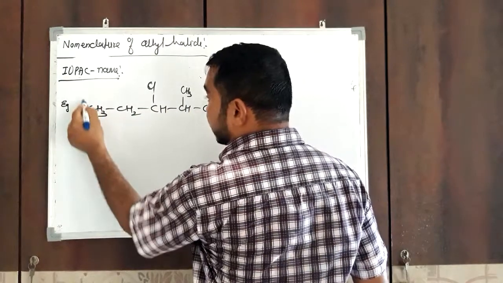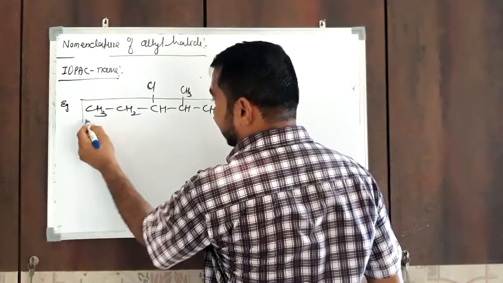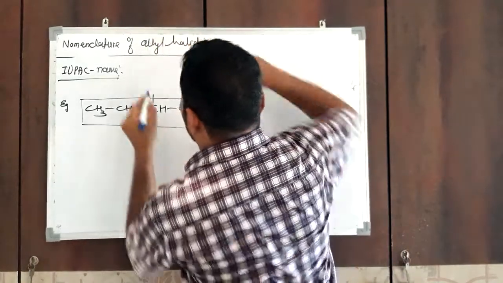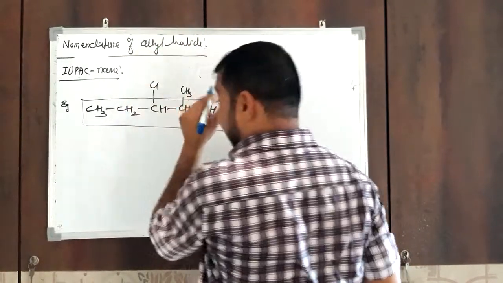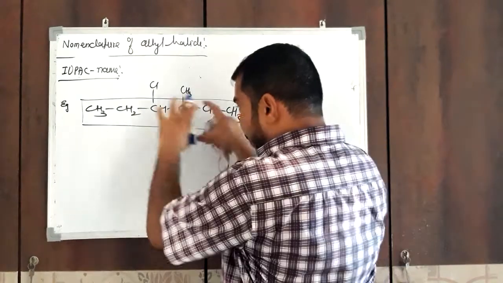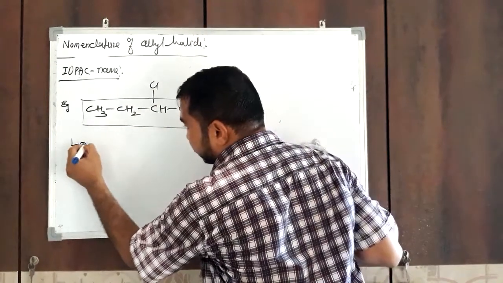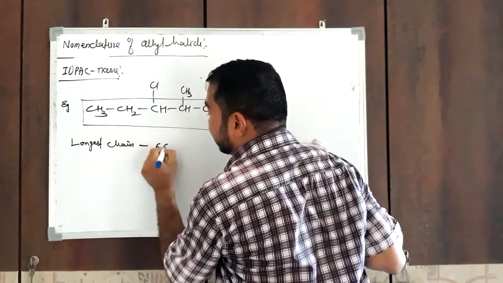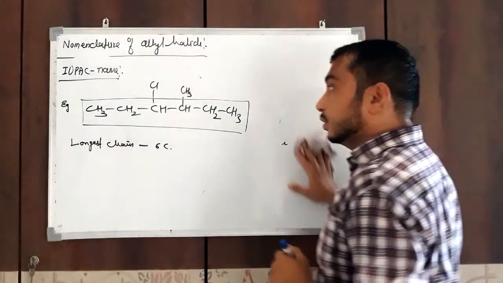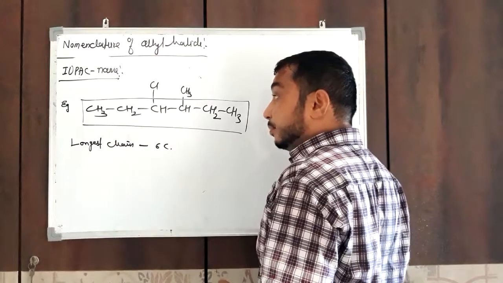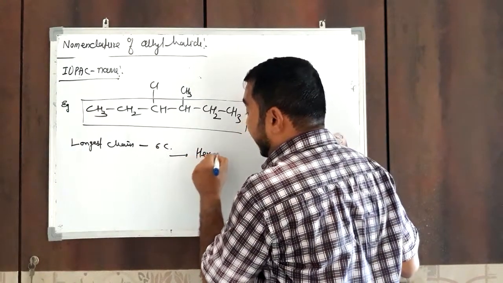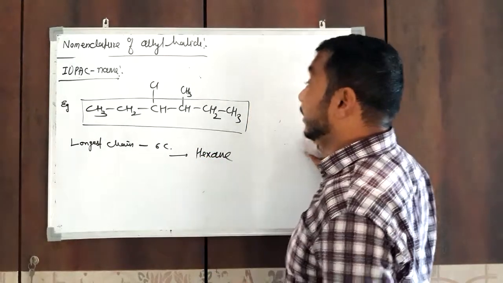So the longest chain is this, and this chain has the attachment with the halogen atom. The longest chain contains 6 carbon atoms. So what is the parent alkane having 6 carbon atoms? That is hexane. Hexane is the parent alkane.